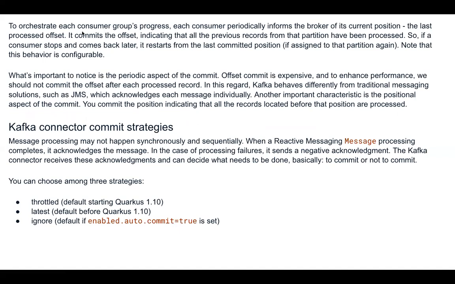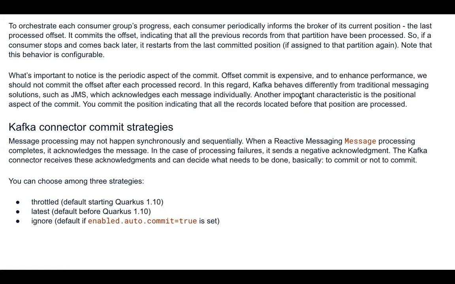Now, to orchestrate each consumer group's progress, each consumer periodically informs the broker of its current position, like, I have picked up the record till here. That is what is called the offset. It commits this offset. Committing the offset means storing this information somewhere, indicating that the previous records from that partition have been processed.